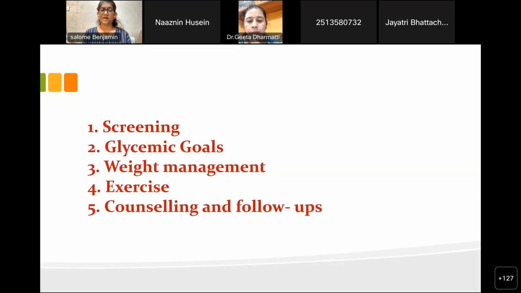You rightly put it, after we screen and after we put down our strategy or the goals, which in this particular scenario is lifestyle change and weight management. You can't just say stop drinking, but you can always reduce if there is a large amount of alcohol twice a week, and reduce the amount per pack.